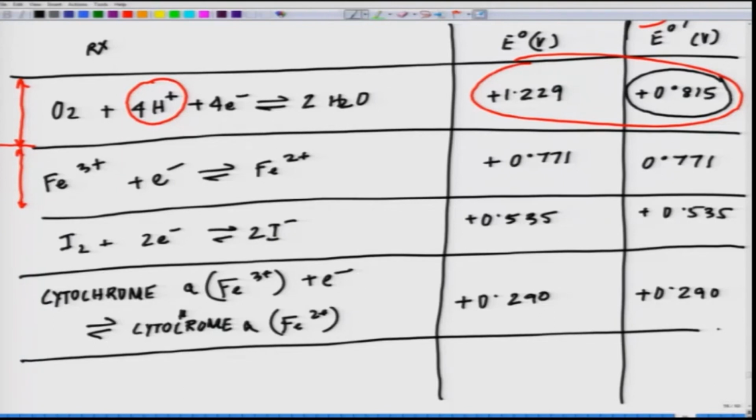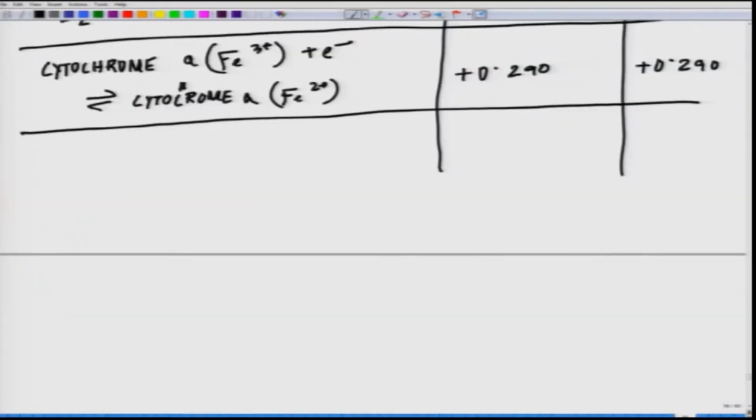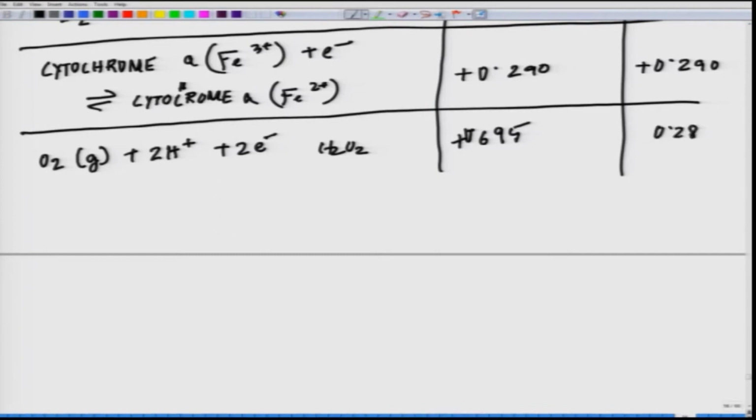Okay. So, now I will move on to another example, which is a very tricky one, which is oxygen gas plus 2 protons plus 2 electrons making H2O2, and in that situation your value is plus 0.695, whereas if you measure it with E0 prime, the value will be 0.281.